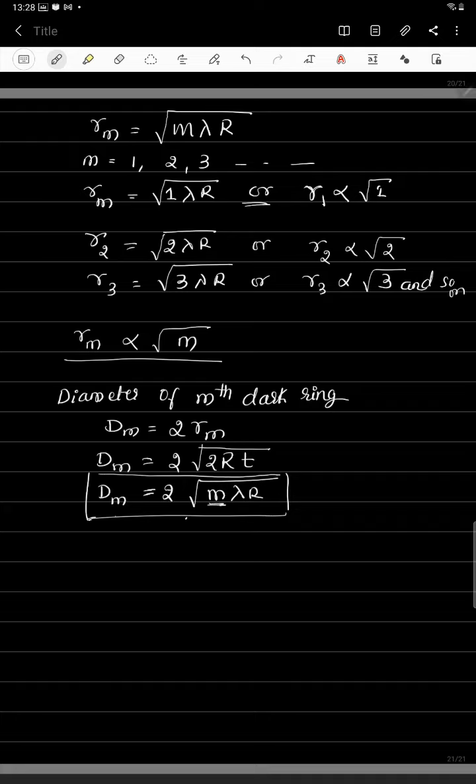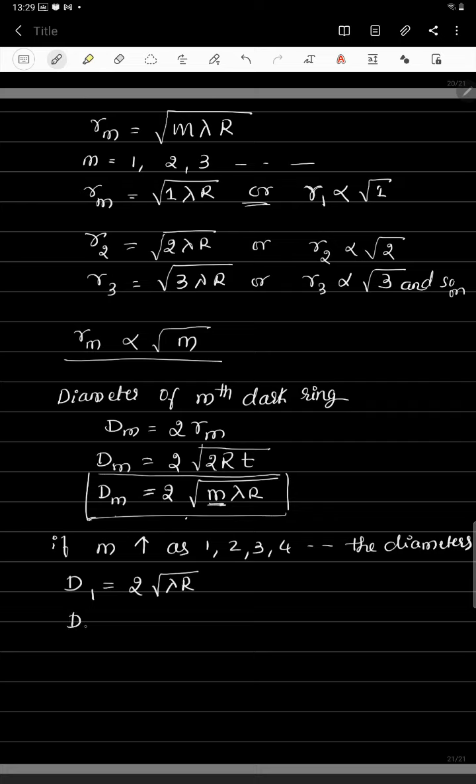For example, if m increases as 1, 2, 3, 4 and so on, and we substitute the values of m, the diameters become: if m is equal to 1, d1 is equal to 2 root lambda r, and d2 becomes equal to 2 root 2 lambda r.